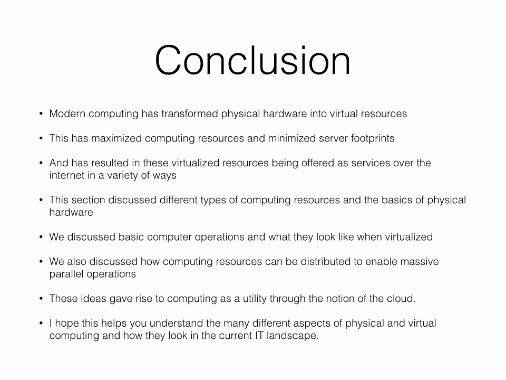So this has resulted in a variety of virtualized resources being offered as services over the internet in a variety of ways. We talked about those computing resources and the basics of that physical hardware. We first looked at basic computer operations and what they look like when they are virtualized. And then we discussed how computing resources can be distributed to enable massive parallel operations.